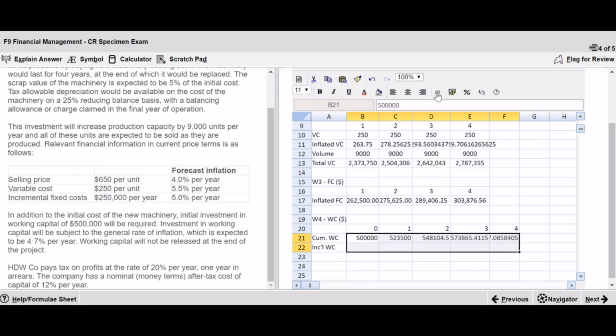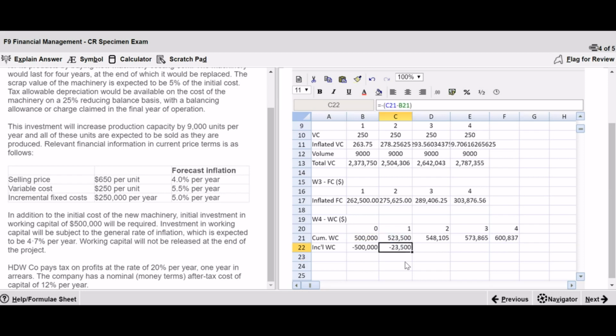And you can just think of this as a little formatting we can do here on these numbers. The incremental working capital needs to be found here. So first of all, I need to show this as negative minus the B21. That shows the negative $500,000 minus difference between C21 and B21.